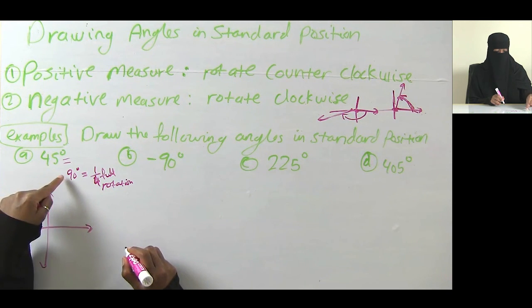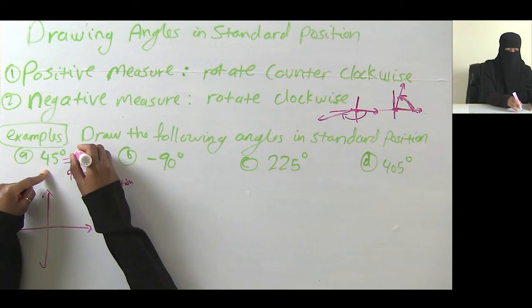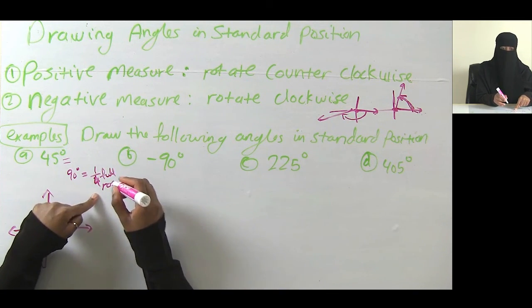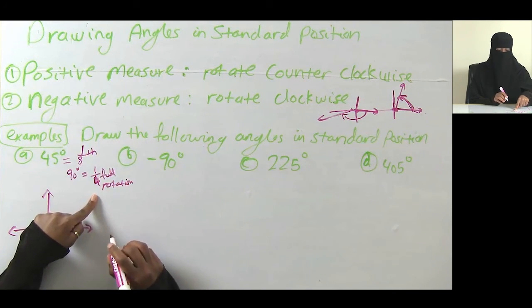So if 90 is 1/4 of a full rotation, 45 is half of that, which means it's 1/8 of a full rotation.